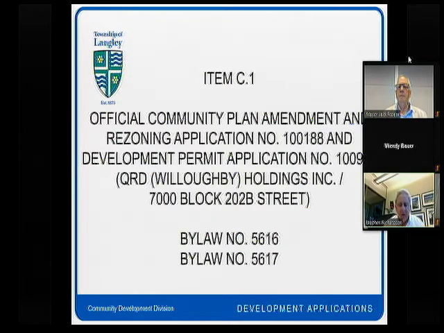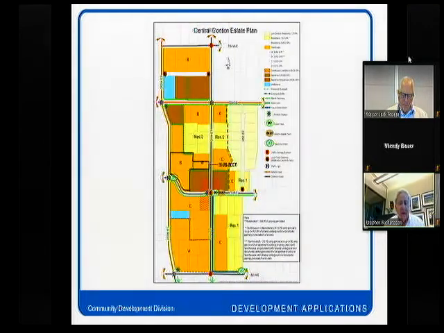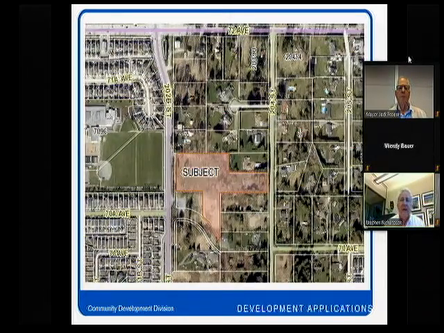The subject Central Gordon Estate Neighborhood Plan Amendment, rezoning and development permit applications pertain to a proposed 87-unit townhouse development in the 7,000 block of 202 B Street. The 4.2-acre site is designated multifamily in the Willoughby Community Plan and Townhouse B in Greenlink in the Central Gordon Estate Neighborhood Plan. This air photo depicts the site located on the east side of 202 B Street, north of 70A Avenue.